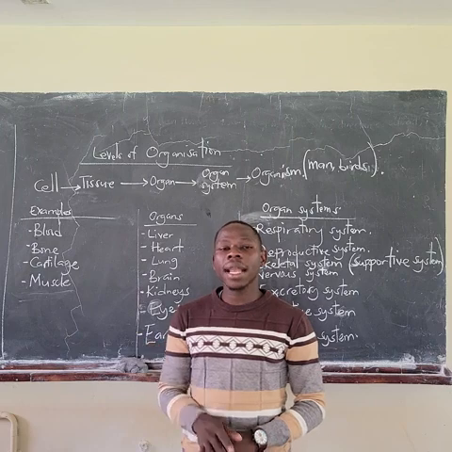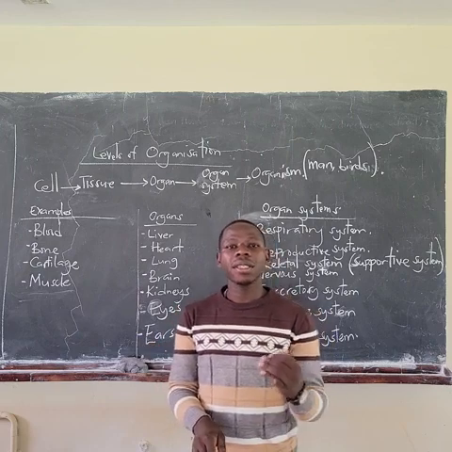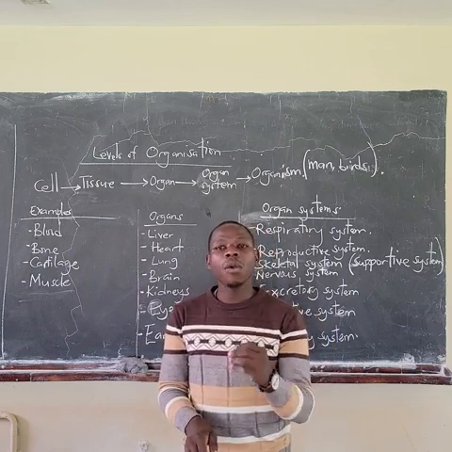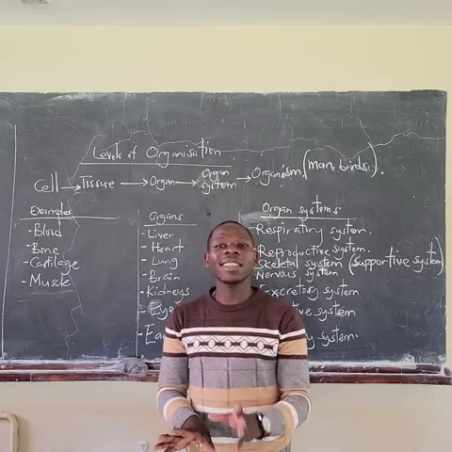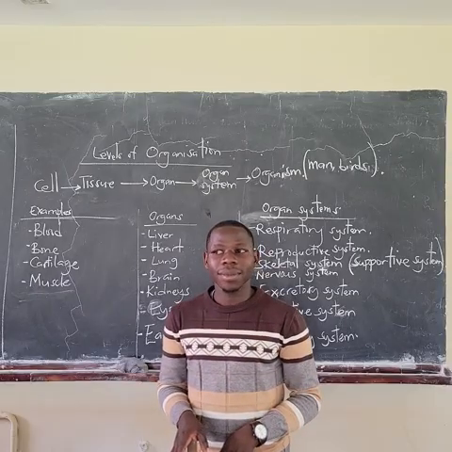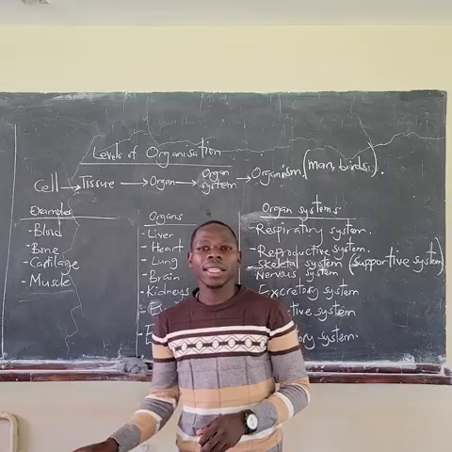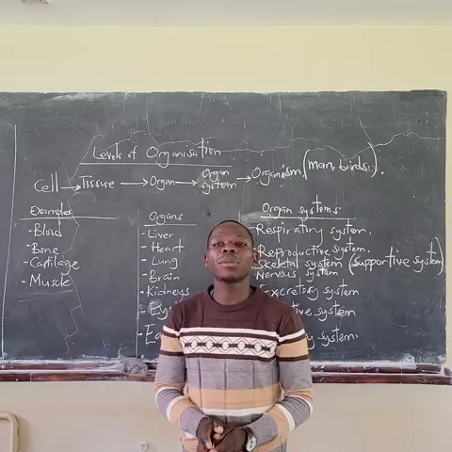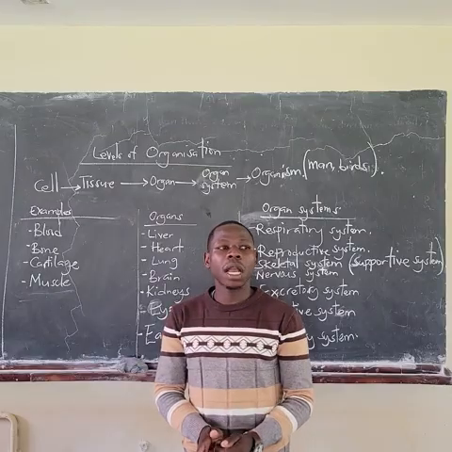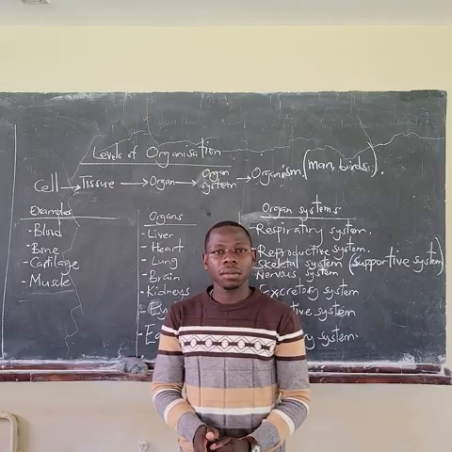And multicellular, it means they have several cells. There are some organisms where one cell alone serves as the entire organism, while there are other organisms where very many cells aggregate or come together to form what we are calling an organism.